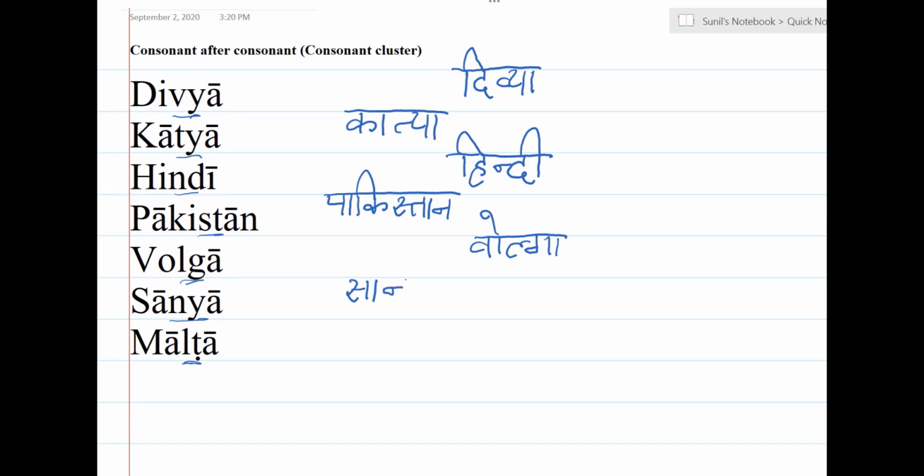You have na, but na is going to join with next consonant ya, so you take off the vertical line and join it with the ya, and ya has long a, Sanya. And Malta, you write ma has a ki matra, long a, ma. Then you have la, because la is going to join with next consonant ta, you take off the vertical line and write ta, and it has long a, Malta.